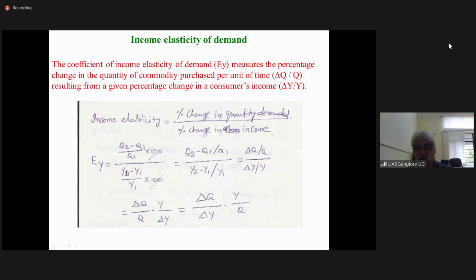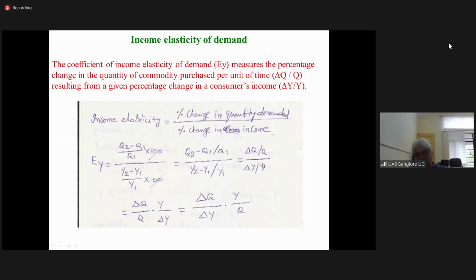That is (Q2 minus Q1) by Q1 into 100, divided by (Y2 minus Y1) by Y1 into 100. The 100s get cancelled. So it is (Q2 minus Q1) by Q1 over (Y2 minus Y1) by Y1. Q2 minus Q1 is the change in quantity divided by the original quantity, Q1. Y2 minus Y1 is the change in income, delta Y.